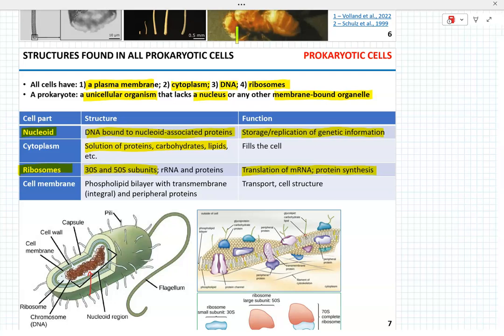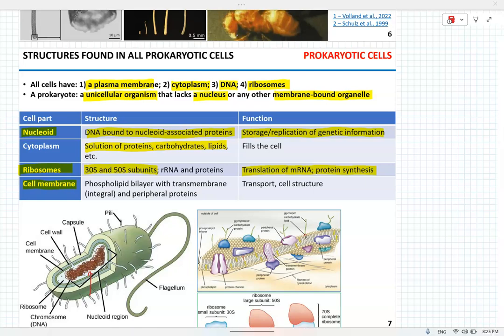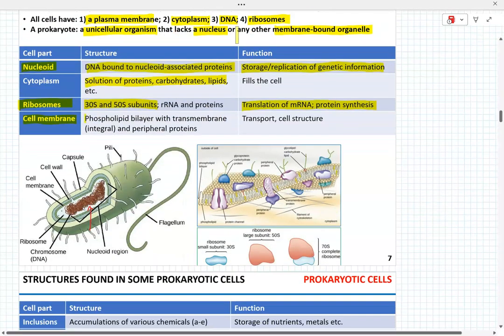And finally, every prokaryotic cell is surrounded by a cell membrane. The cell membrane is a phospholipid bilayer. We talked about it in our previous lecture.